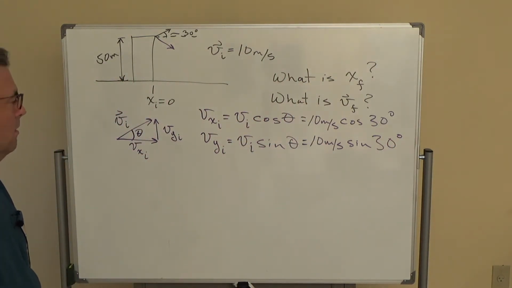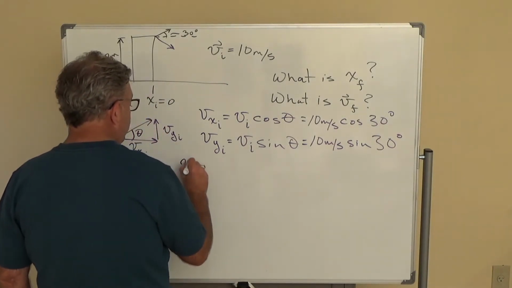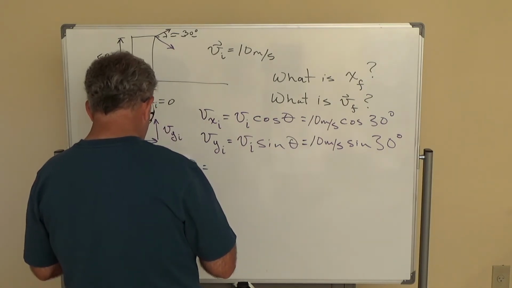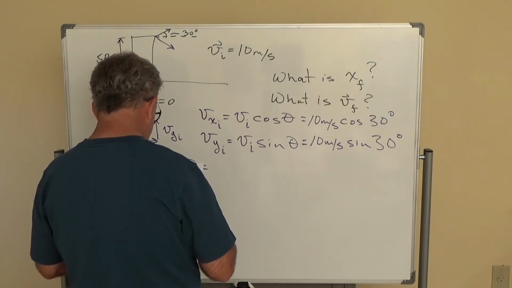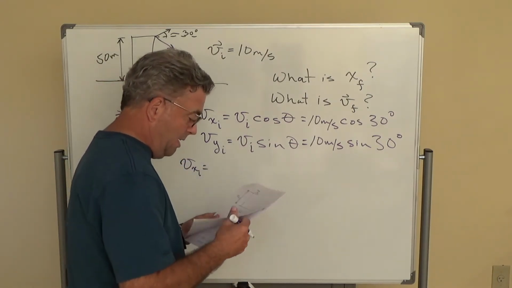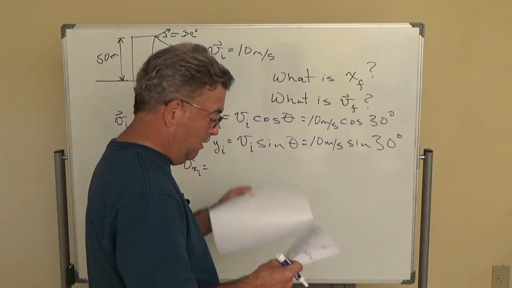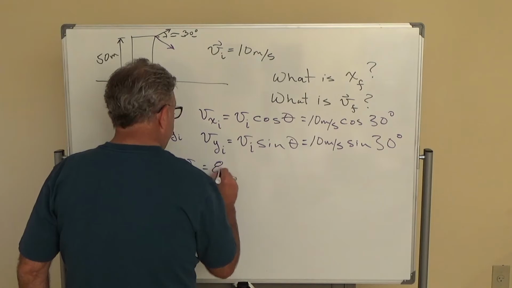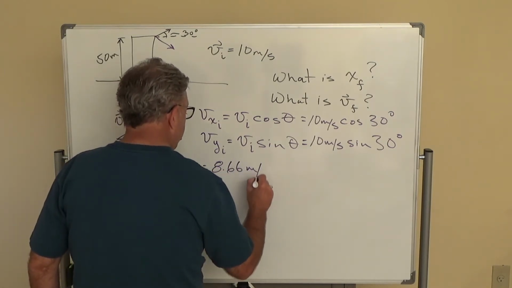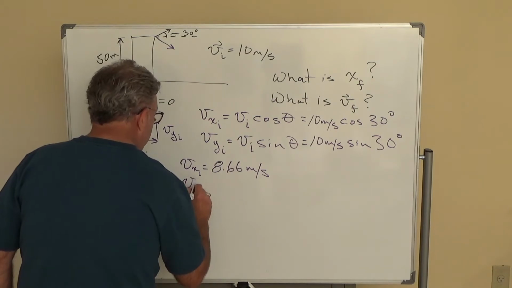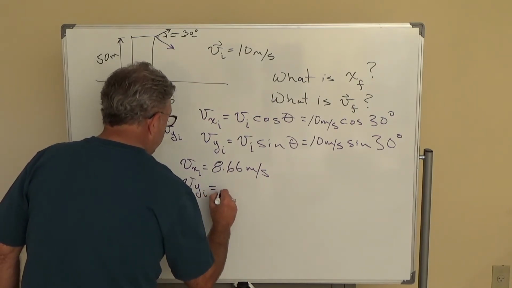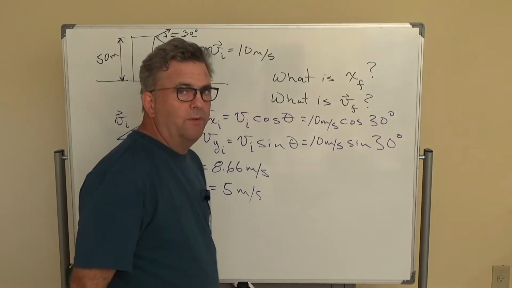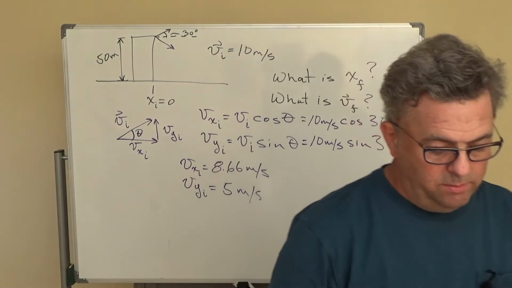So Vx initial is equal to 8.66 meters per second. Vy initial is equal to 5 meters per second. Sine of 30 is 0.5.